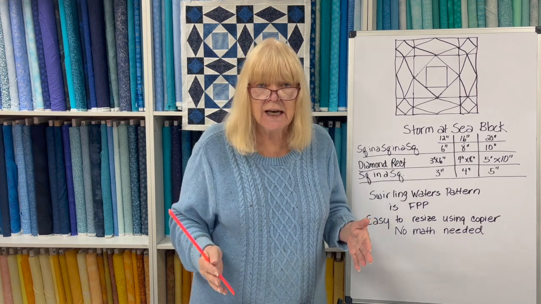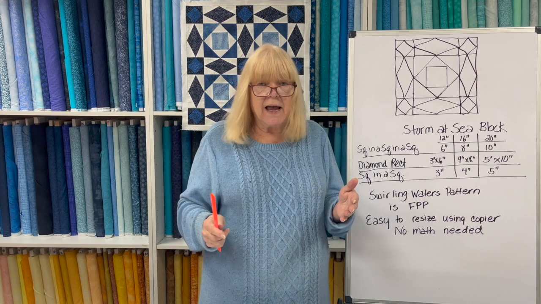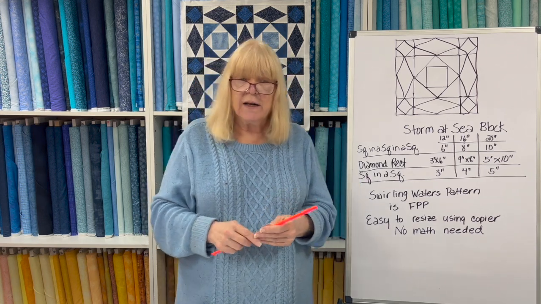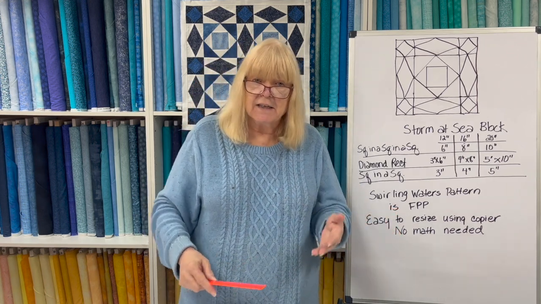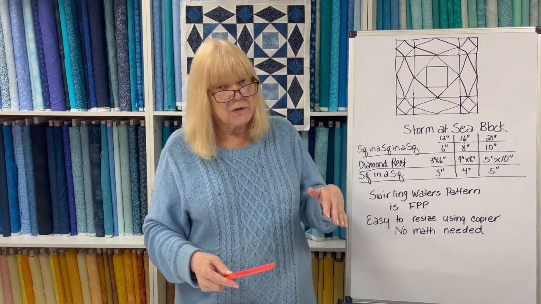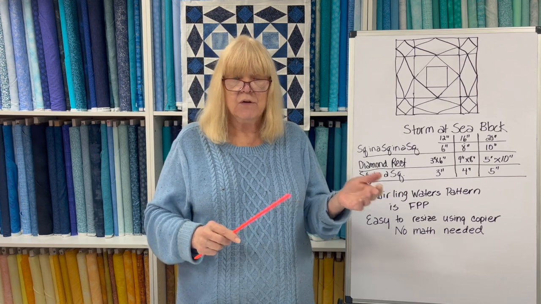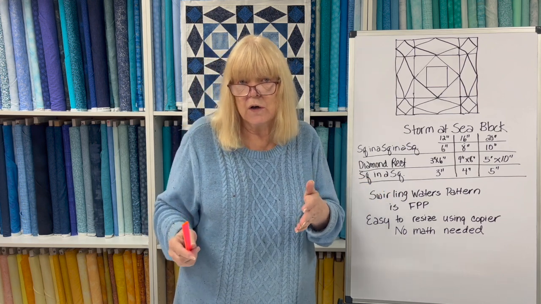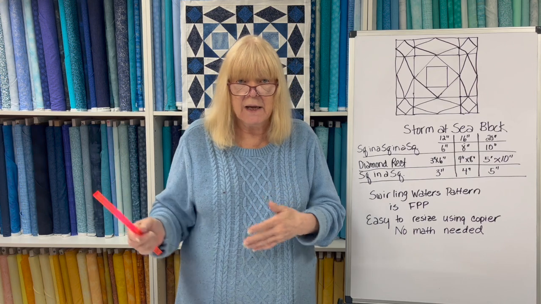You put it in the copier. The only math you need is, do you want to decrease it and make it 75% of the size or 66% of the size? Half? You want to do it 1 1/4, make it bigger. 1 1/2, make it bigger.